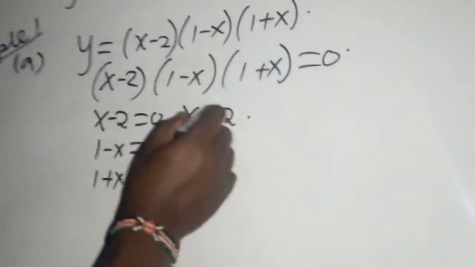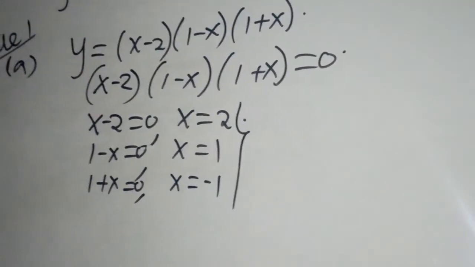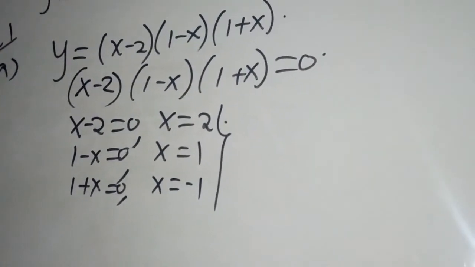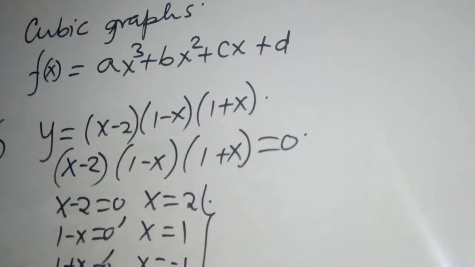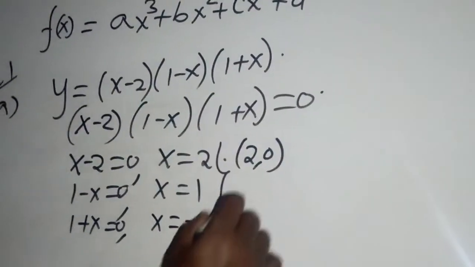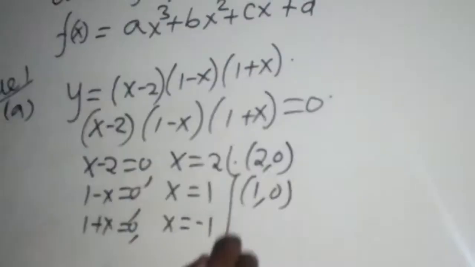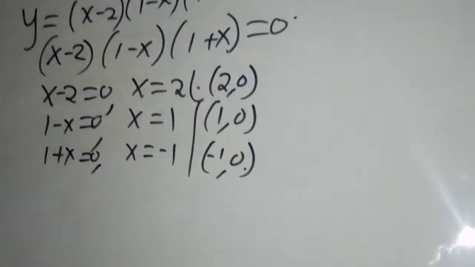These are what we call the critical values, or the roots of the cubic function. That means this cubic function cuts the x-axis at (2, 0), at another point (1, 0), and at another point (-1, 0). That's where it cuts the x-axis.